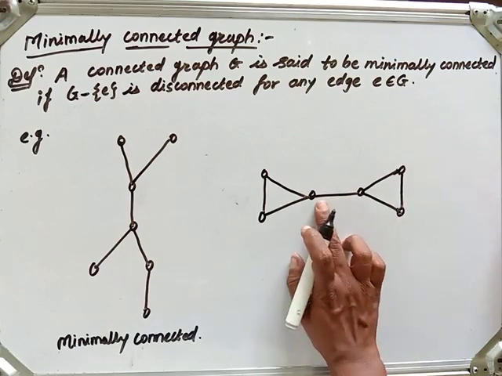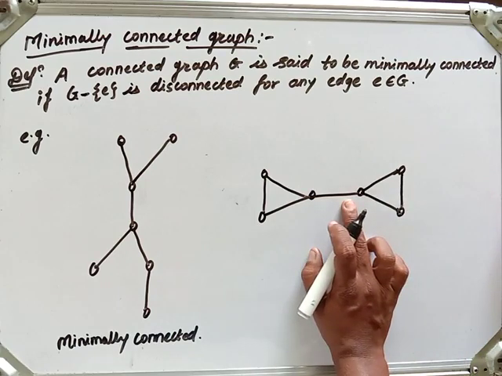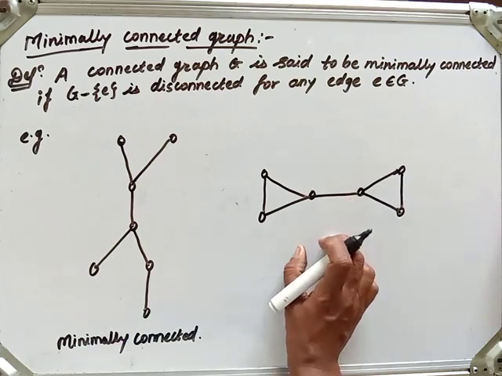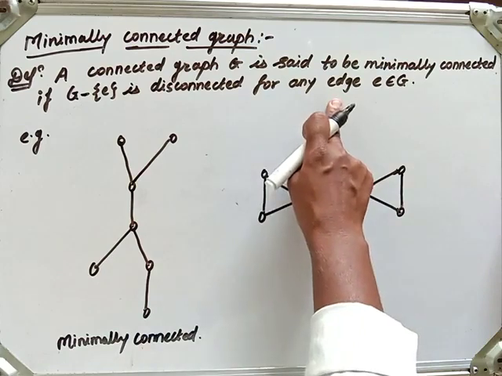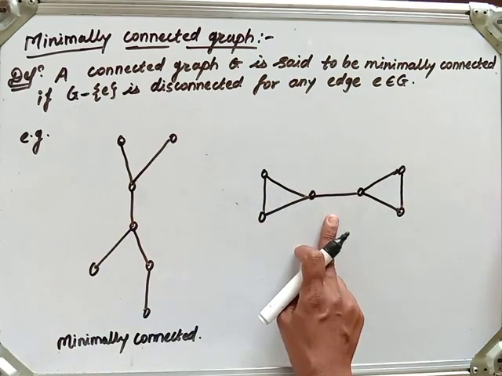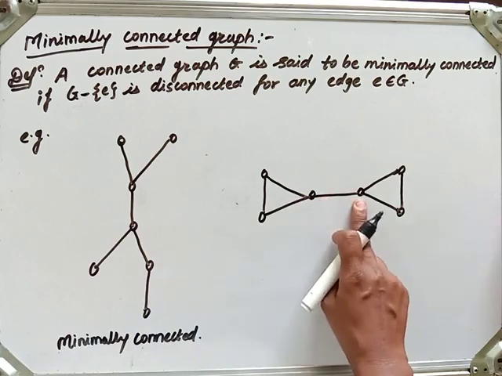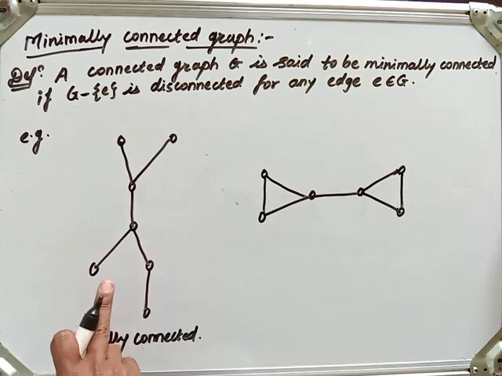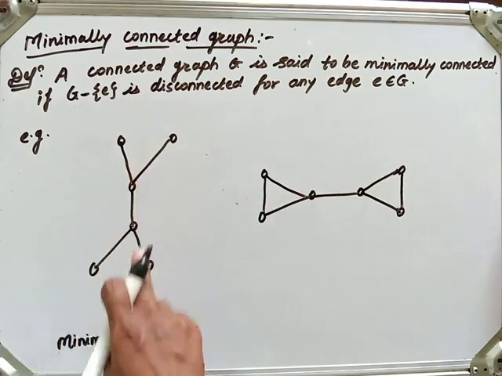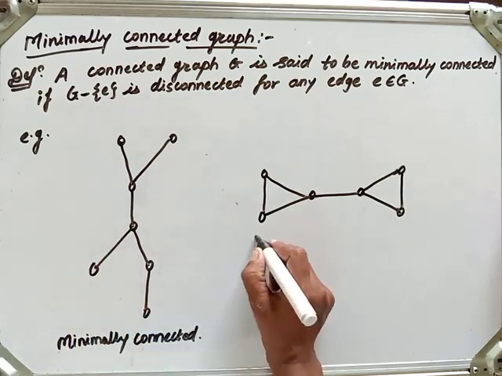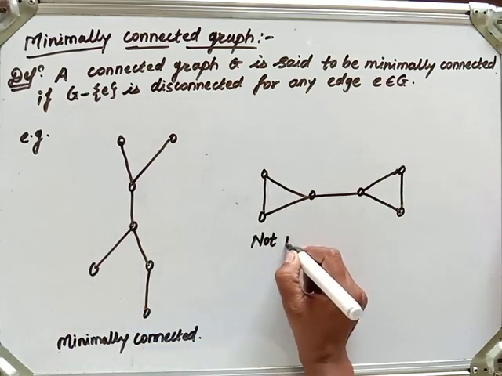Now if I remove this edge, then it will become disconnected, but it should happen for every edge. For any edge this should happen, then it will be minimally connected, right? It is not for any edge, it is for this one edge only. That's why this is not minimally connected. While here, if we remove any edge, it will become a disconnected graph, right? So this one is minimally connected.